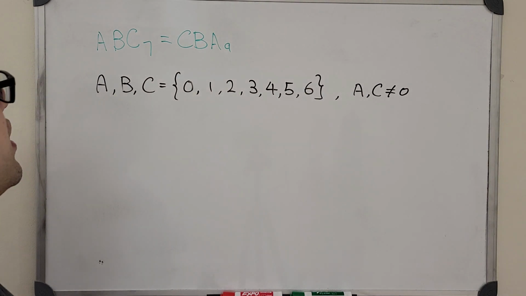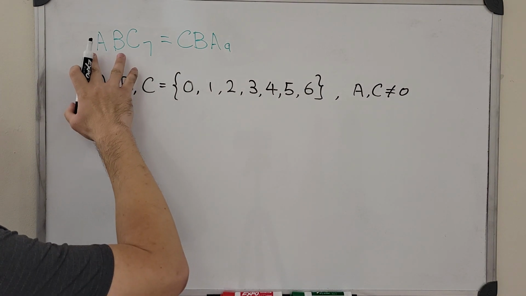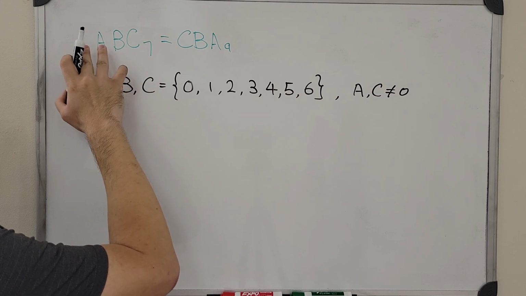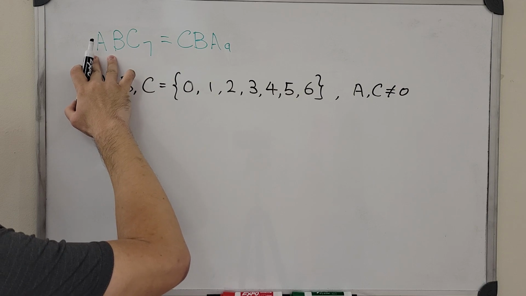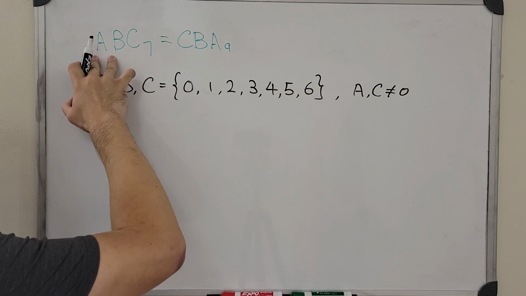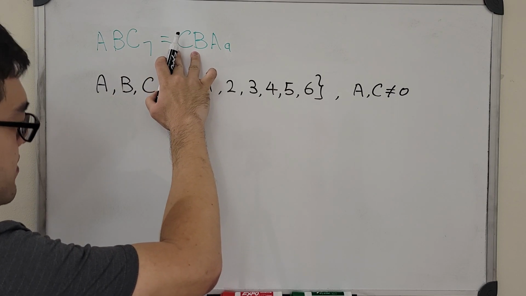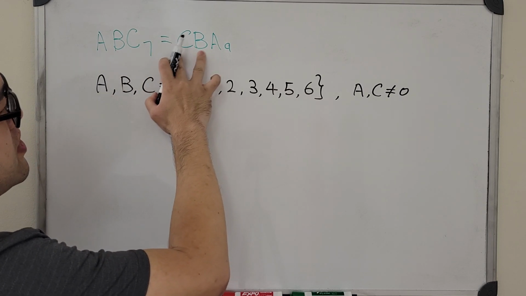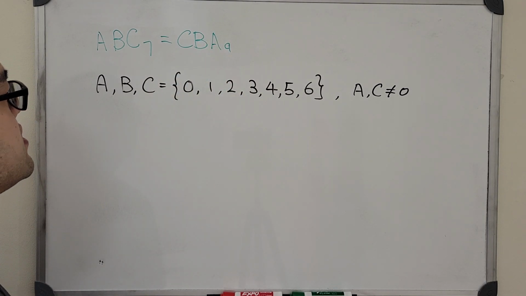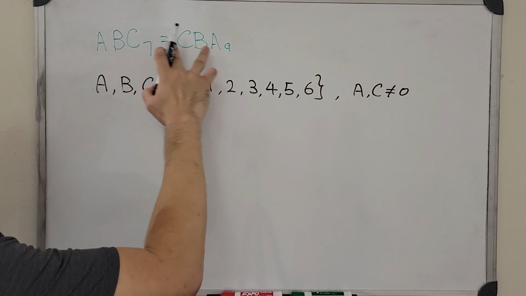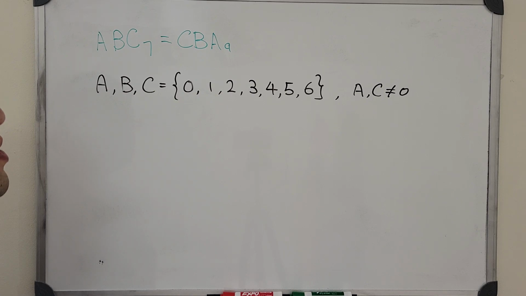Last, if we think carefully, if we have the expression in base 7, the far left digit, which is similar to the leading coefficient if you're thinking in algebra, has to be strictly bigger than the far left digit in base 9. Otherwise, if they are the same, we will end up with the left hand side equal to the right hand side, which gives us a contradiction unless B is equal to 0.